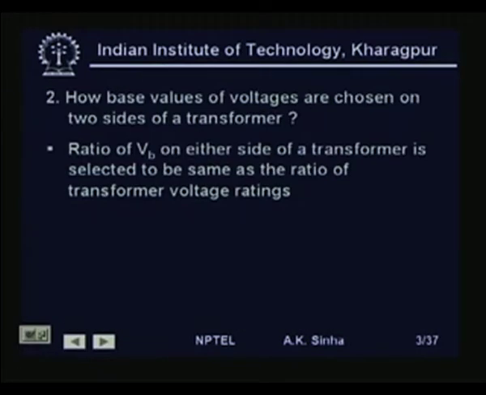The second question was, how are base values of voltages chosen on two sides of a transformer? The answer to this question is, the ratio of base values on either side of a transformer is selected to be the same as the ratio of the transformer voltage ratings.